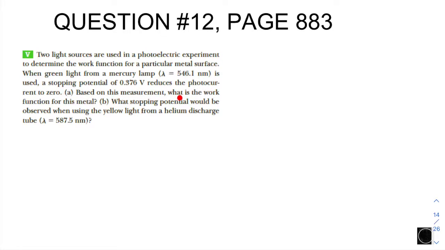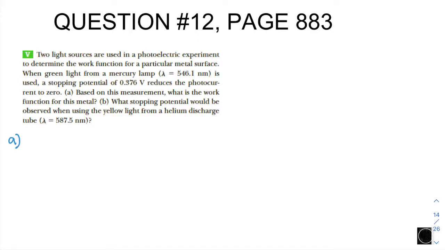Based on this measurement, what is the work function for this metal? B, what stopping potential would be observed when using the yellow light from a helium discharge tube where the lambda is 587.5 nanometer? So let's try to solve for part A.